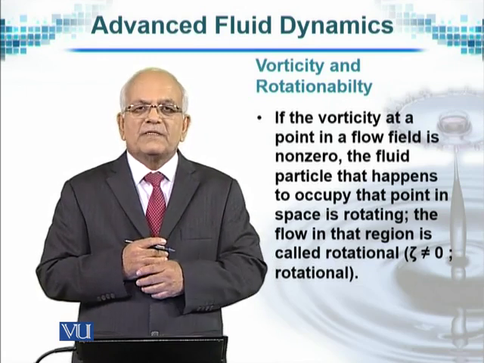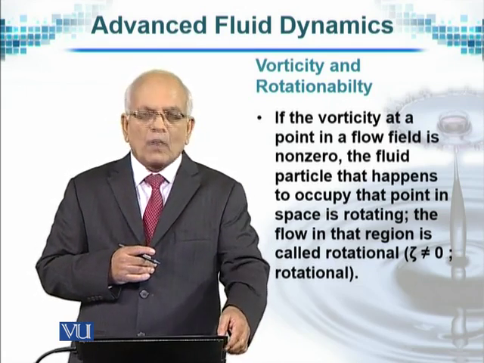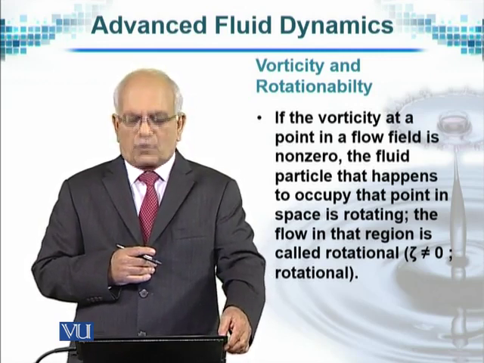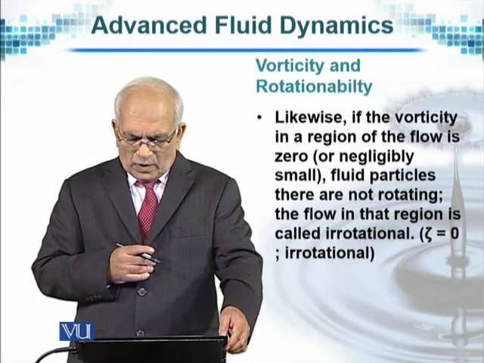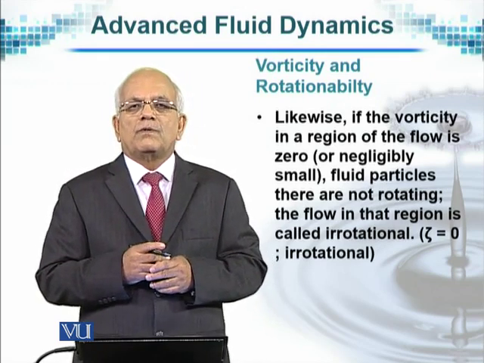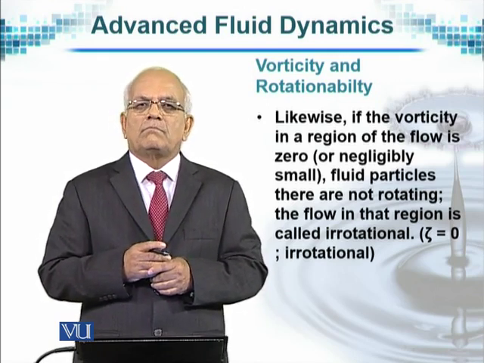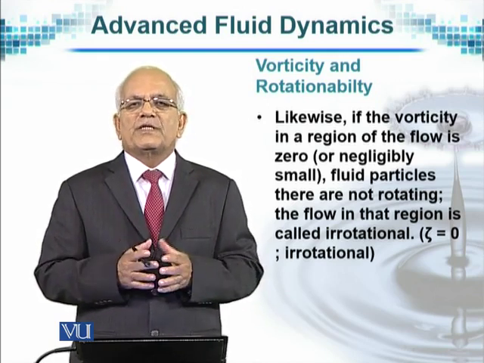So there is rotation, and therefore zeta is non-zero. We call it the fluid flow is rotational. And if zeta is 0, then the fluid flow is irrotational. That is, there is no rotation there.